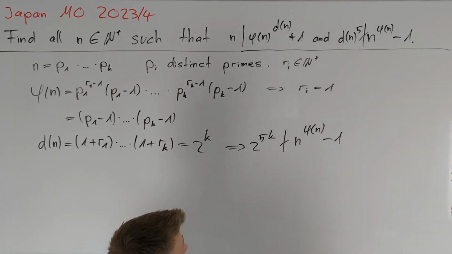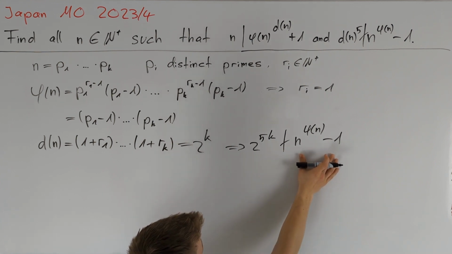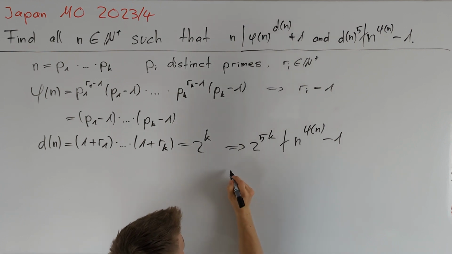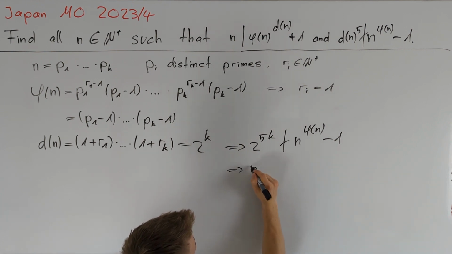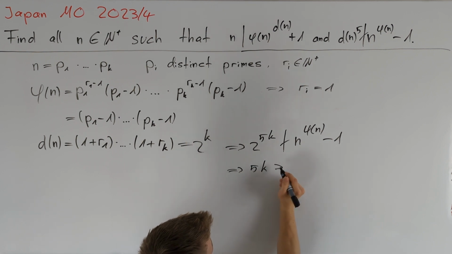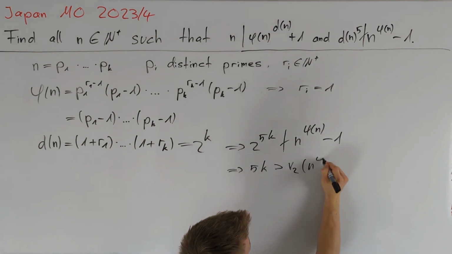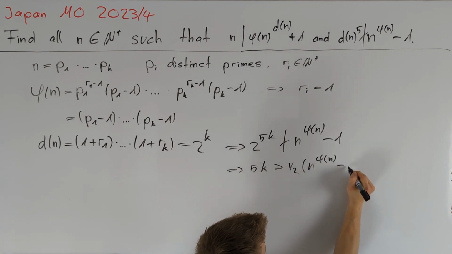This motivates us to have a closer look at the number of times 2 divides the expression on the right hand side, because this condition tells us that 5k is greater than nu 2 of n to the power of phi of n minus 1.